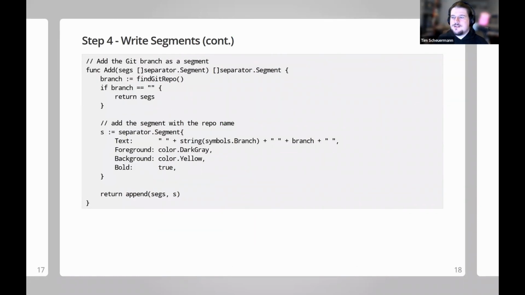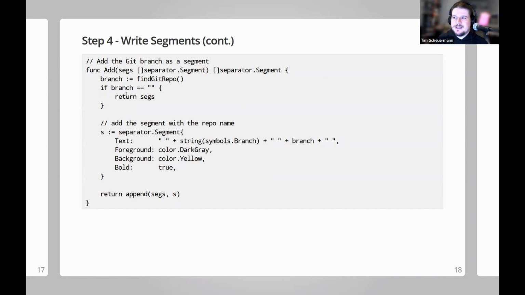And adding that to the prompt is actually fairly easy. We've got an add function here that takes a list of segments and returns a list of segments. We are not just appending always, we can also insert in the middle or delete one of the segments if we detect that it's empty or whatever.